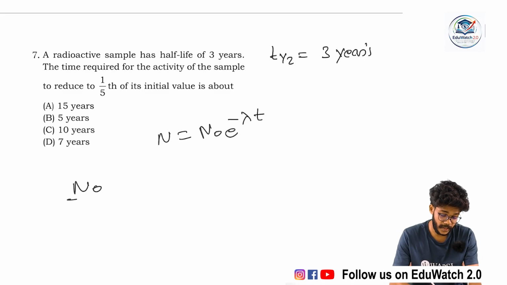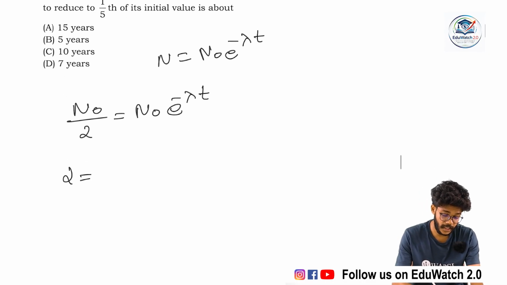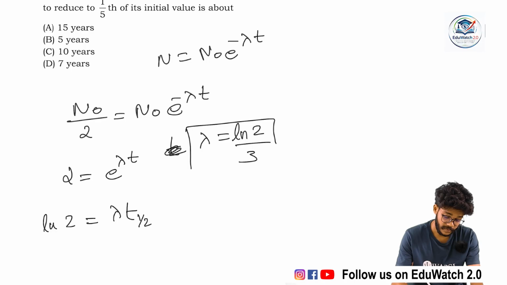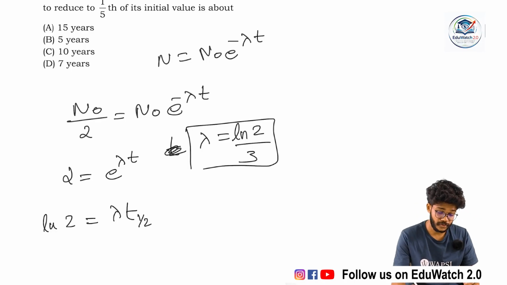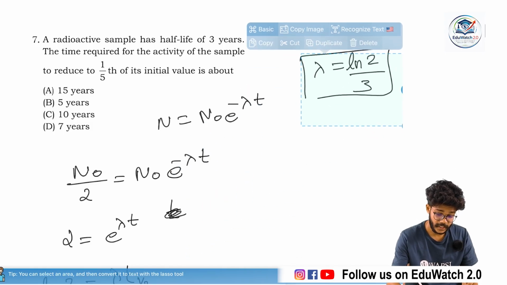So N0 by 2 is equal to N0 e raised to minus lambda t. N0 can be cancelled, so 2 is equal to e raised to lambda t. So ln2 is equal to lambda t, and t is t half, which is 3. So lambda is equal to ln2 divided by 3. We can put that in a box.